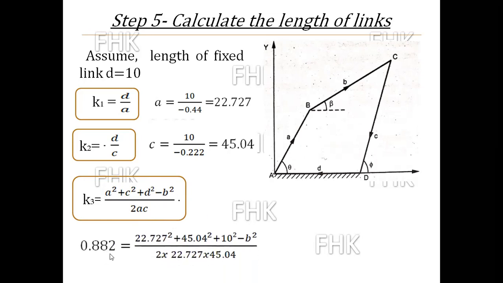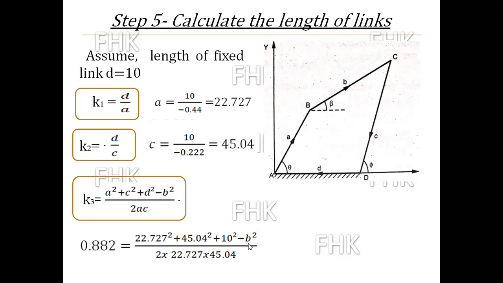So putting the value of K3 equal to 0.882, the value of a as 22.727 square, plus c, 45.04 square, plus the fixed link d, assumed 10, square, minus b square, only one unknown, divided by 2ac, that is 2 into 22.727 into 45.04.